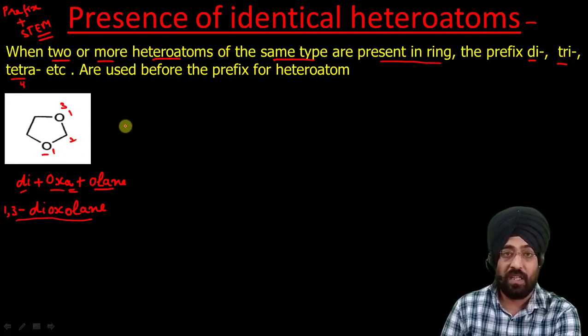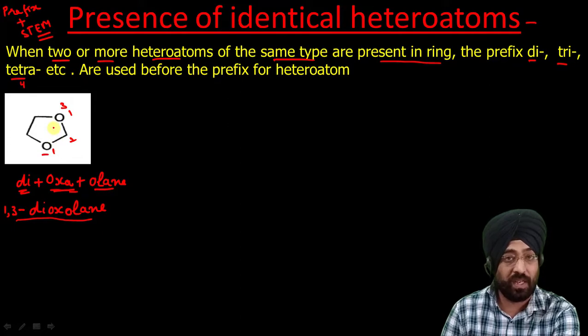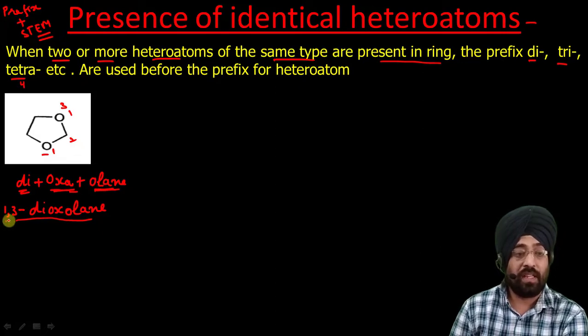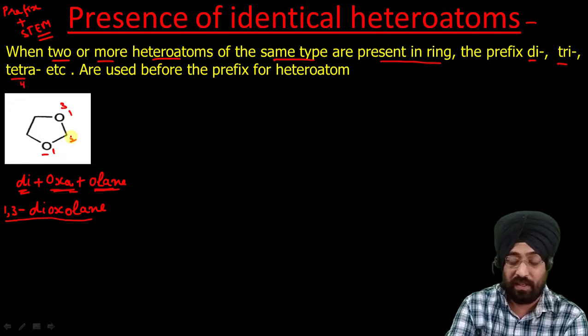I will share it again in my coming slides. So first it was two oxygens, so we use the prefix di, then oxa for oxygen, di plus oxa, and olane for this five membered cyclic saturated ring. So the name becomes 1,3-dioxolane. The 1,3 comes when we number the ring, which we will discuss later.